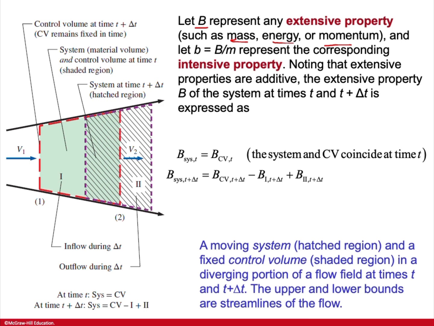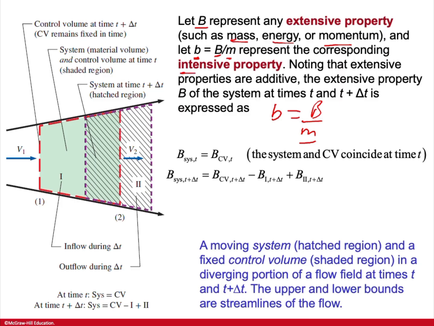And another variable is defined, which is small b, the equivalent intensive property, which is just capital B divided by small m. So you can convert an extensive property to an intensive property, or find its equivalent, by just dividing it by mass.